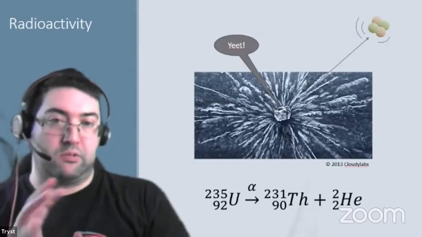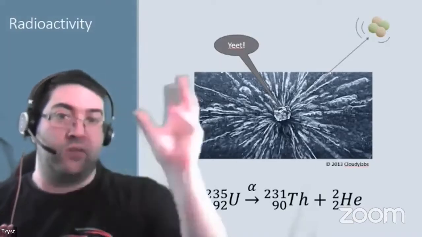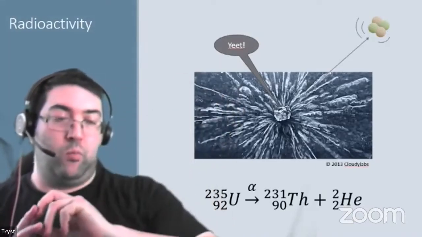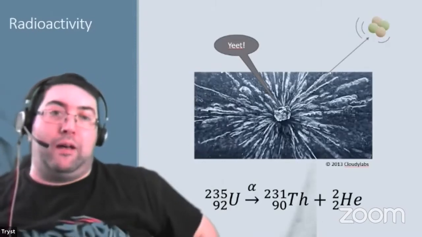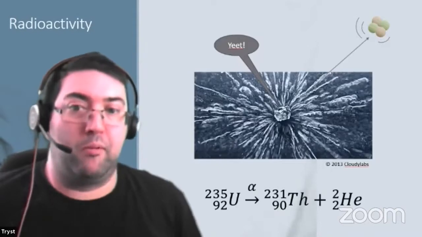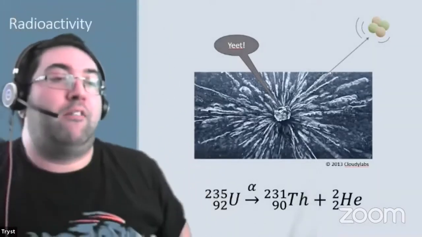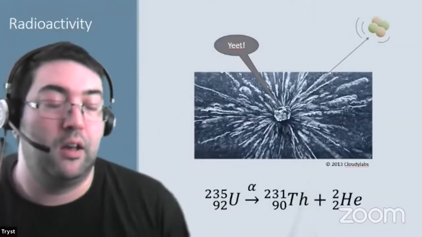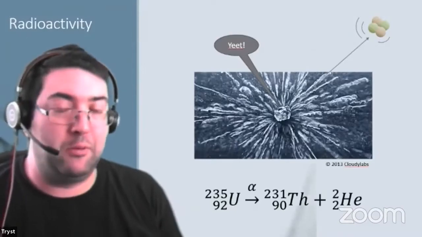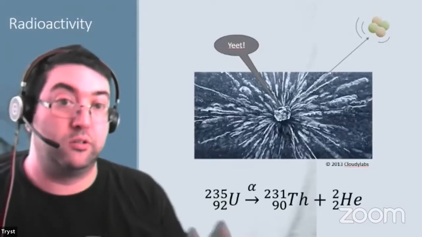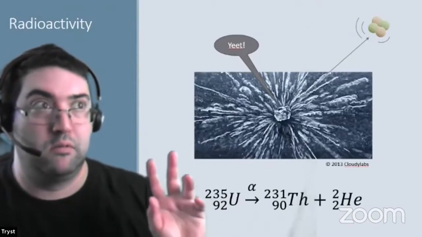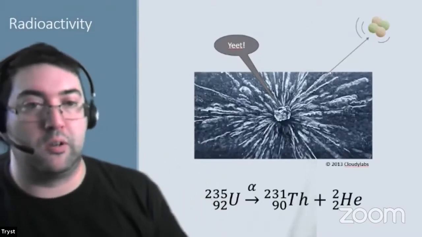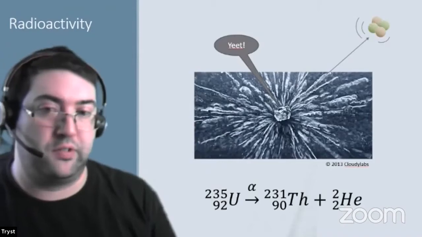As a result of their internal movements, they release one of 3 principal types of radiation: alpha, beta, and gamma, which you'll probably remember from school. An alpha particle is the nucleus of a helium atom. So it's 2 protons and 2 neutrons, carrying a positive charge of 2. So it's got a mass of 4 and a charge of 2.